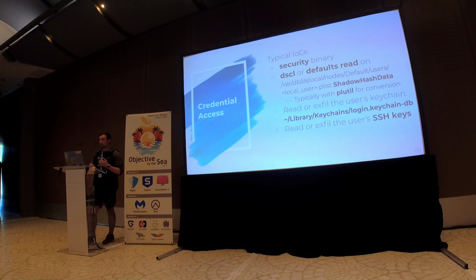The most common one here is PBKDF2 with, I think it's AES256, going through to do all these different hashes. Additionally, people will go through and try to exfil a keychain or read SSH keys, all this sort of stuff that people see over and over again.